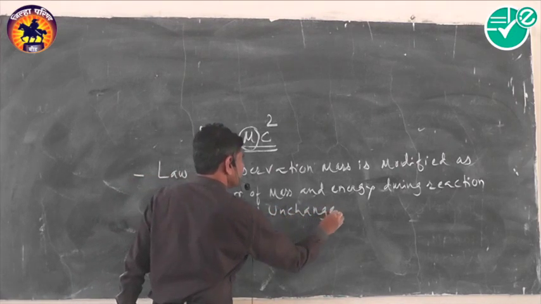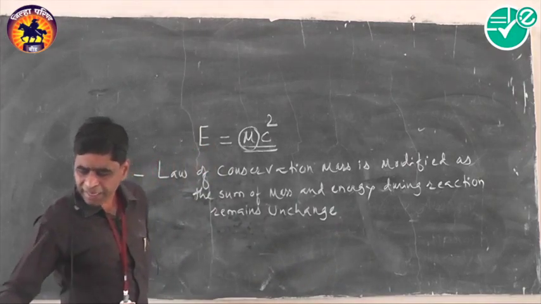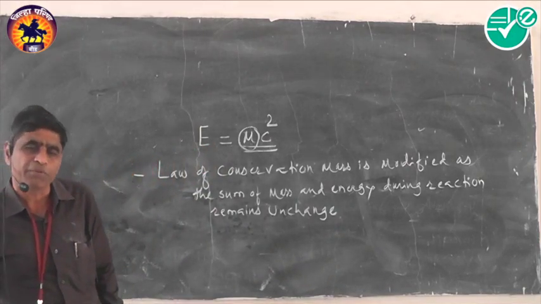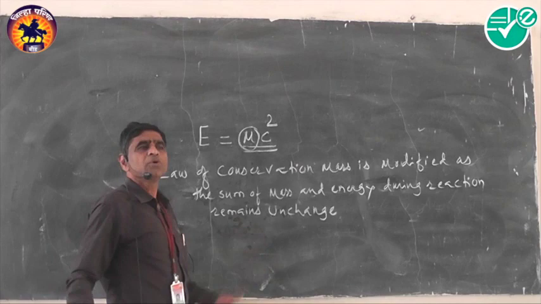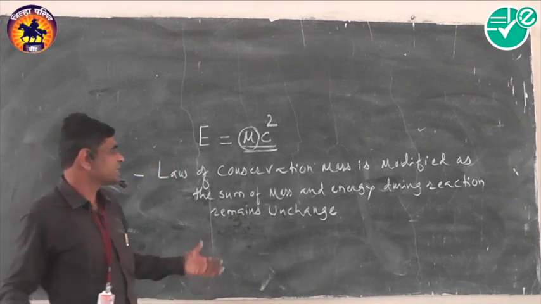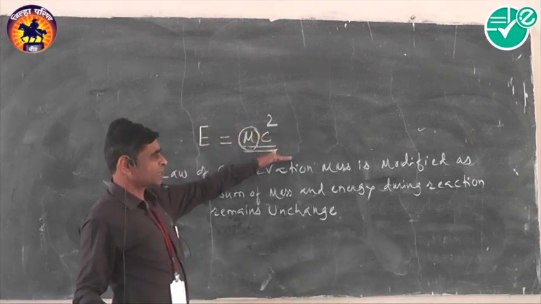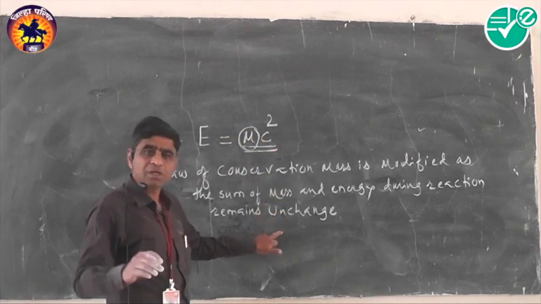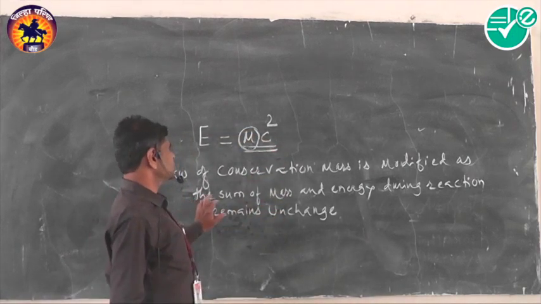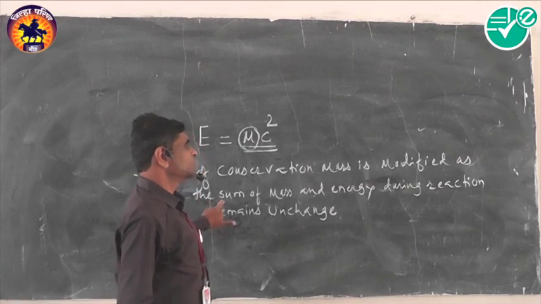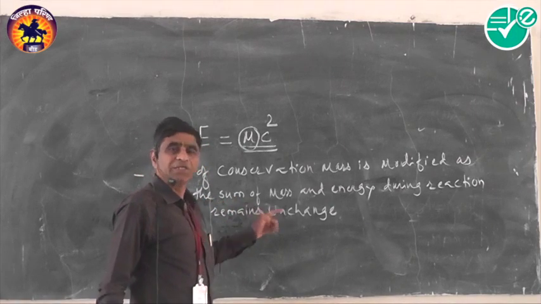And thus remember, during nuclear reaction, some mass of reactant is converted into product, so a large amount of energy is released due to the loss in mass. And thus the law of conservation of mass in case of nuclear reaction can be stated as: the sum of mass and energy during reaction remains unchanged.